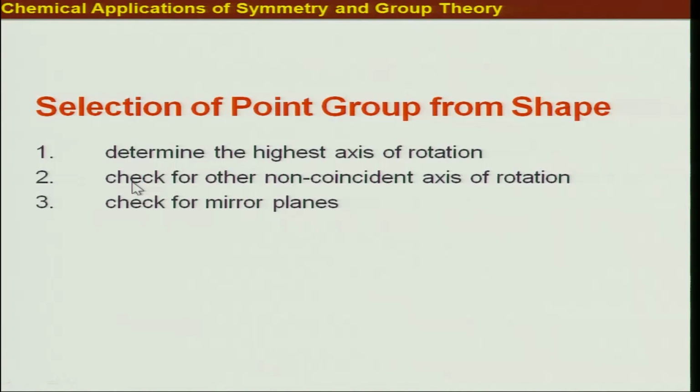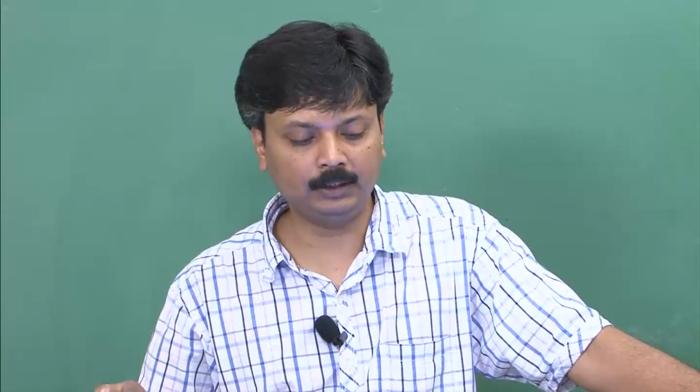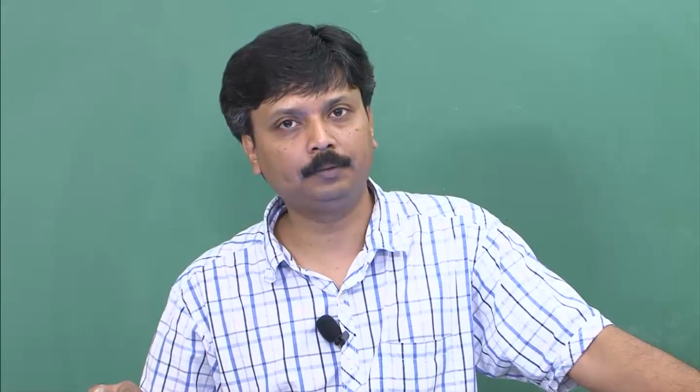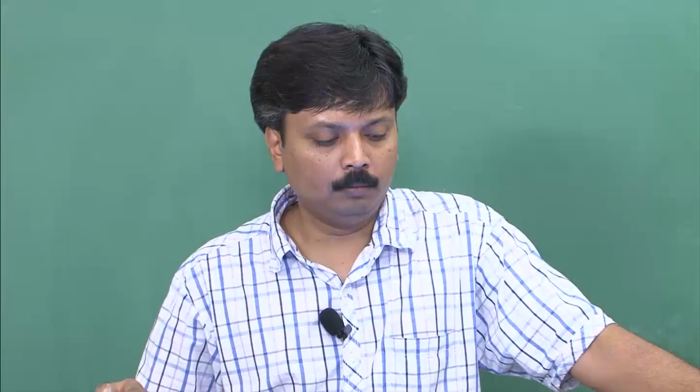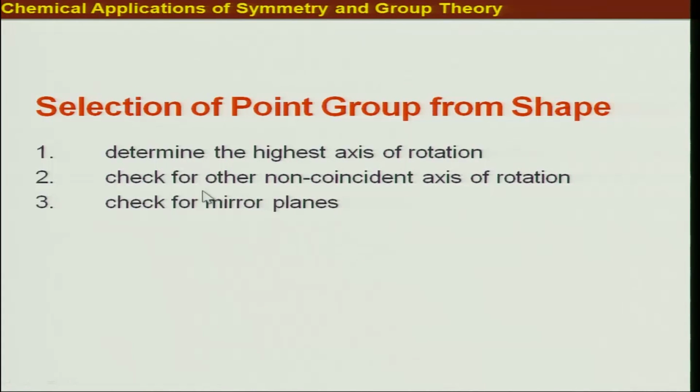Next, find out if there are other axes of symmetry, other than the principal axis Cn, which are not coincident. And then also look for mirror planes. If you look at these three, you will be able to go to the next step, following a systematic procedure to find out which point group your molecule belongs to.